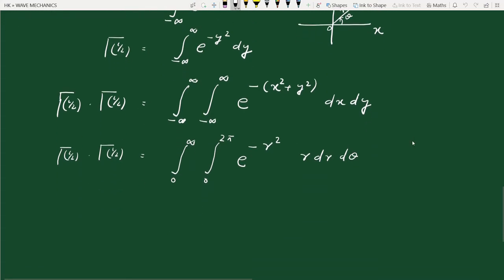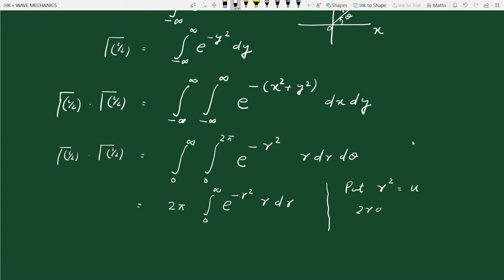So let us do this integration. You can directly do integral 0 to 2 pi d theta, which is nothing but 2 pi. The remaining thing is 0 to infinity e raised to minus r square r dr. Now this can be evaluated if you make a change of variable. Put r square is equal to u.